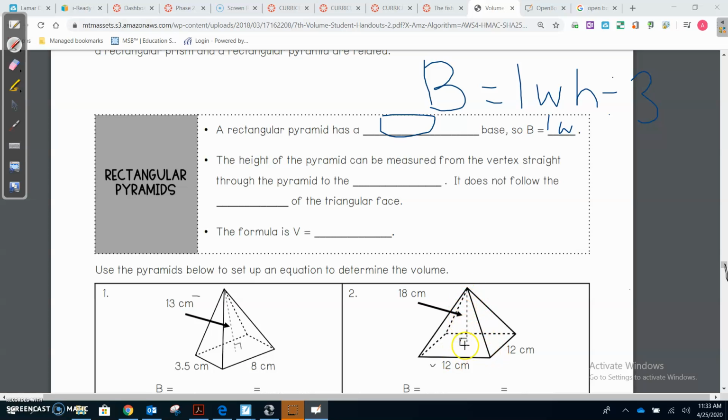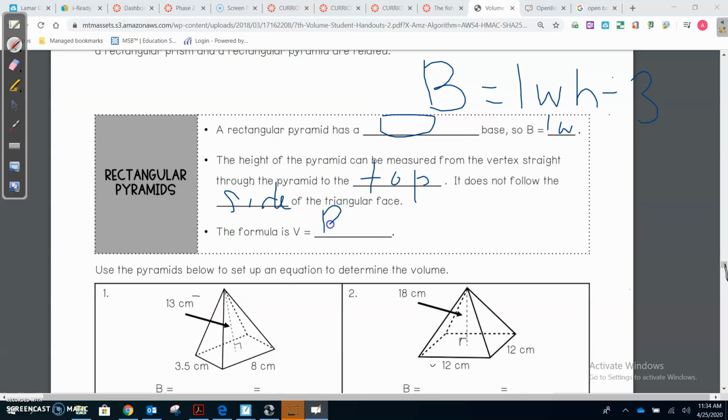This is straight in the middle. It's like going from the very bottom straight to the top. So that is going to be the height of your pyramid. It does not follow the face, the side of the triangular face.